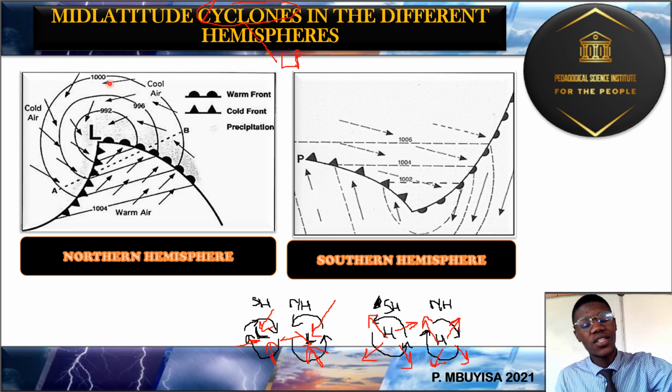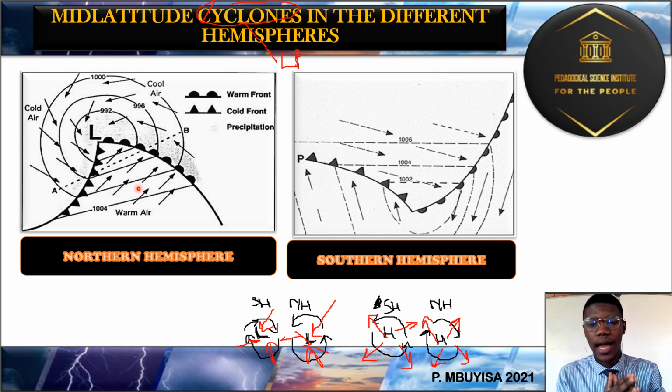You'll also find your cold sector at the top, and you'll find your warm sector at the bottom. Remember, because the equator is somewhere below the pole in the northern hemisphere. So that's an aspect that you need to think about when you get a question asking you in which hemisphere this system is.